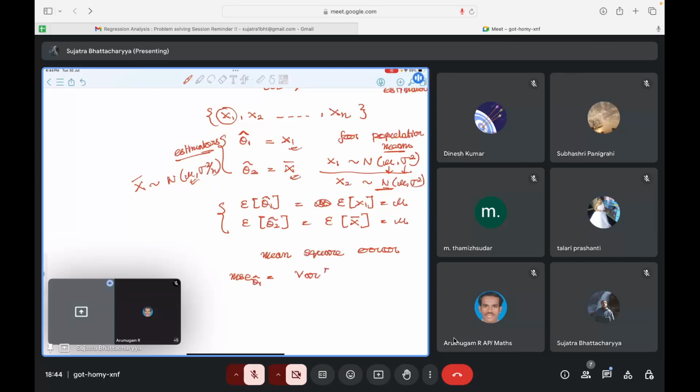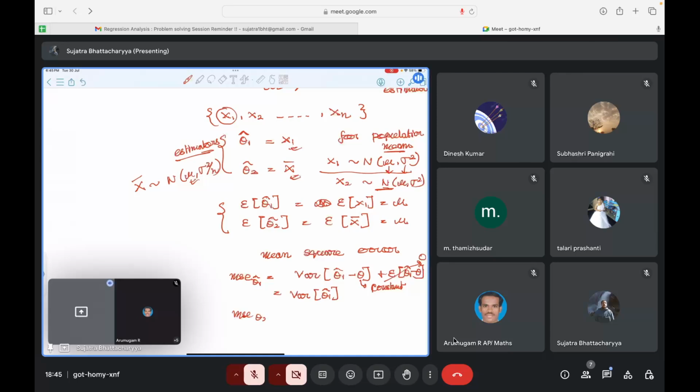It is nothing but variance of theta 1 cap minus theta plus E of theta 1 cap minus theta. This theta is a constant because it's a population parameter, so variance of theta is 0. So you have variance of theta 1 cap. And E of theta 1 minus theta is 0 because it's an unbiased estimator.